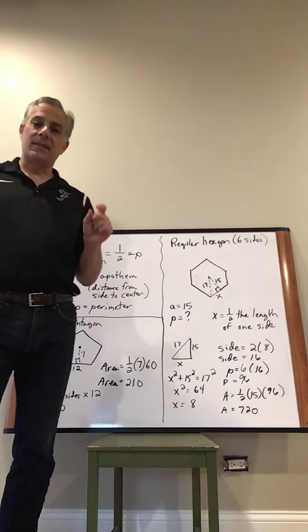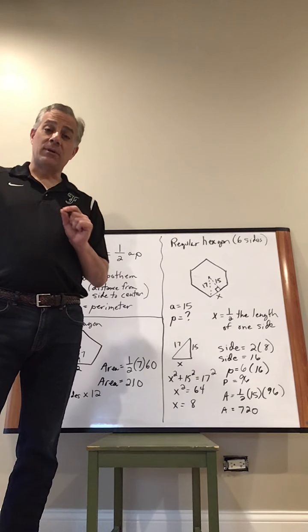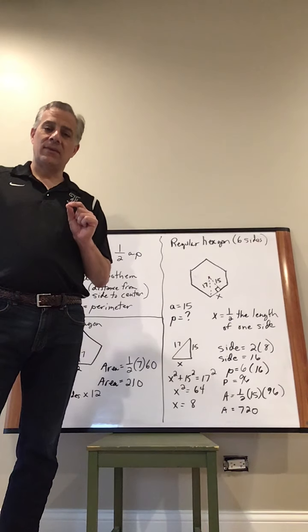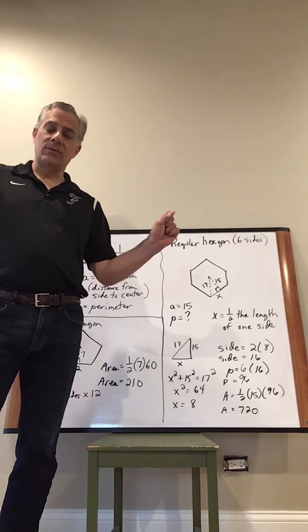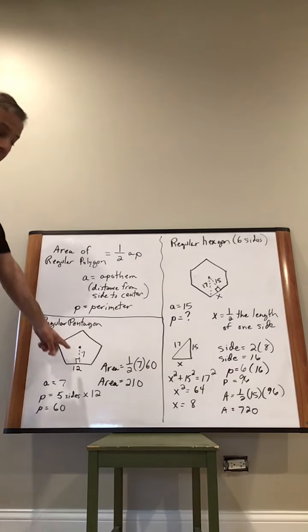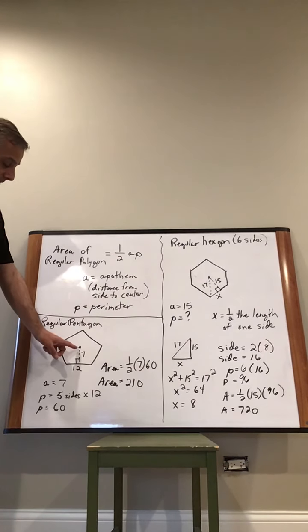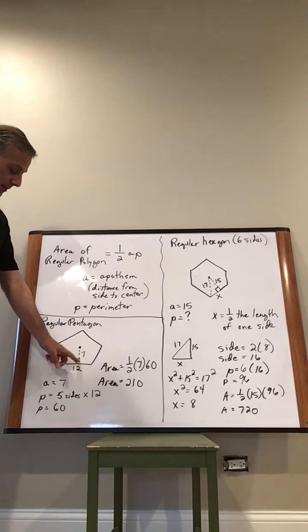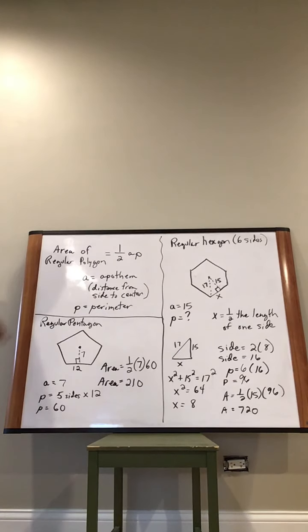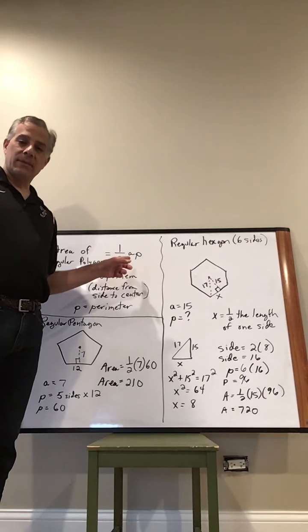The apothem is the distance, always a perpendicular, from the center of the polygon to the side. Here I have a regular pentagon, here is the center, and the apothem goes directly to any of these sides. They're all going to be equal. And then it's times the perimeter, P.